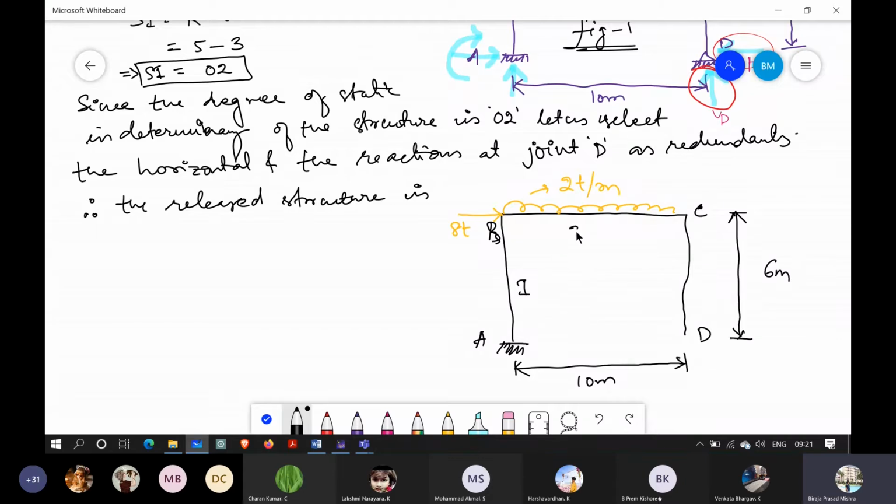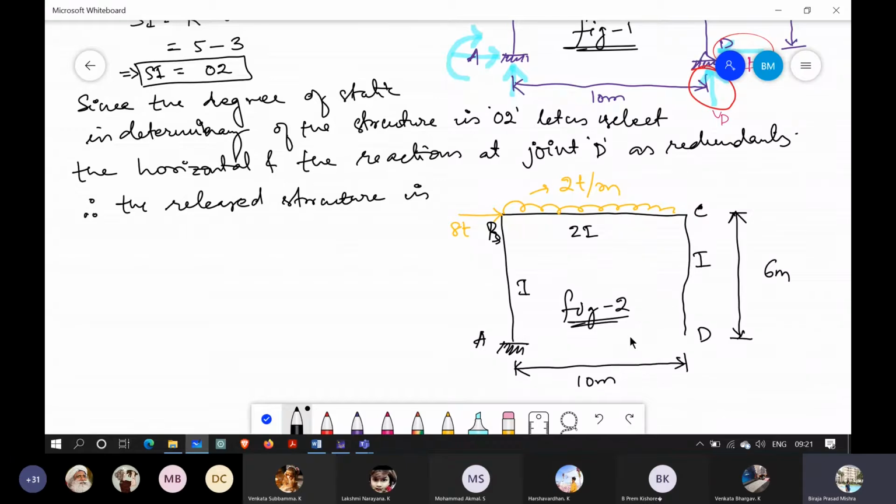This is given as I, this is 2I, and this is I. So this is figure 2.